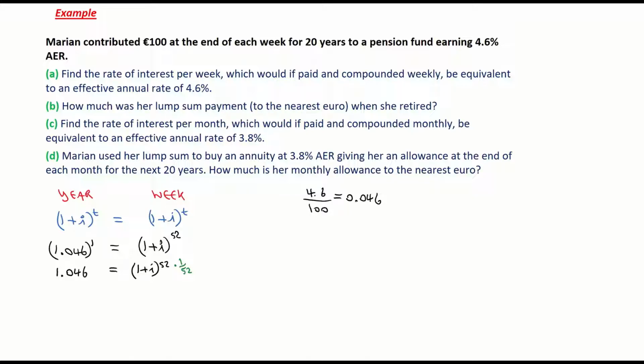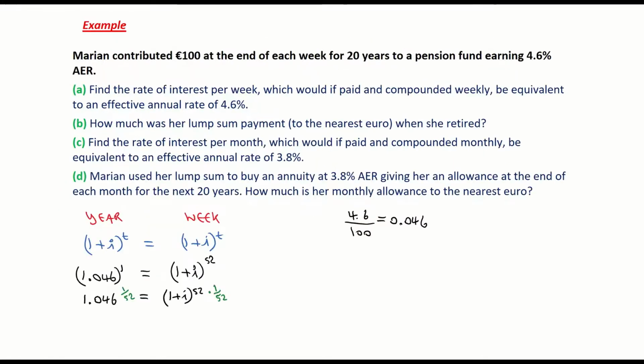And like everything in equations, if you do it to the right hand side, you need to do it to the left. So over here on the left, I'm going to put it to the power of 1 over 52. So on our yearly side, 1.046 to the power of 1 over 52 is leaving me with 1.00086525 is equal to 52 times 1 over 52 gives me 1 plus I to the power of 1. 1 plus I to the power of 1 is just 1 plus I is equal to 1.00086525.